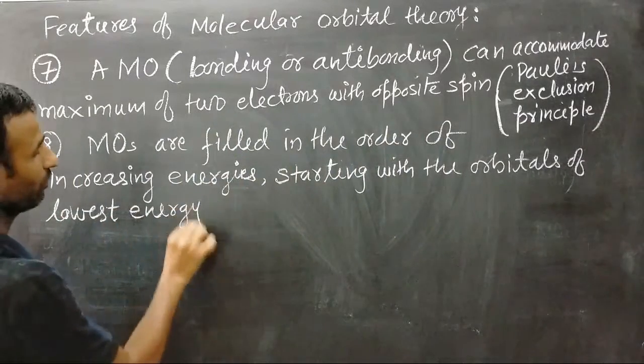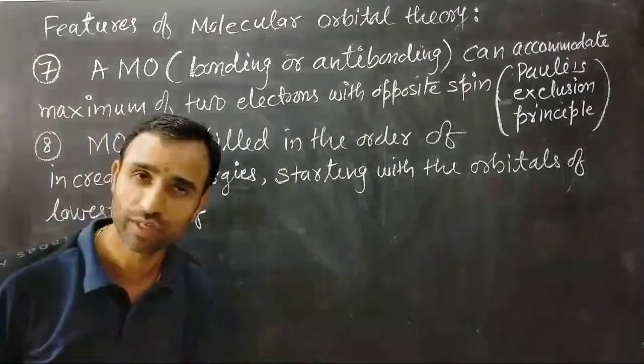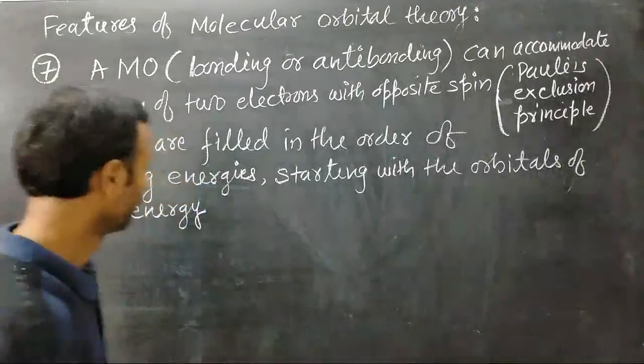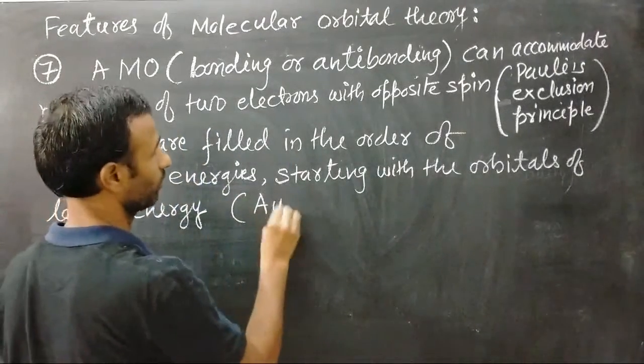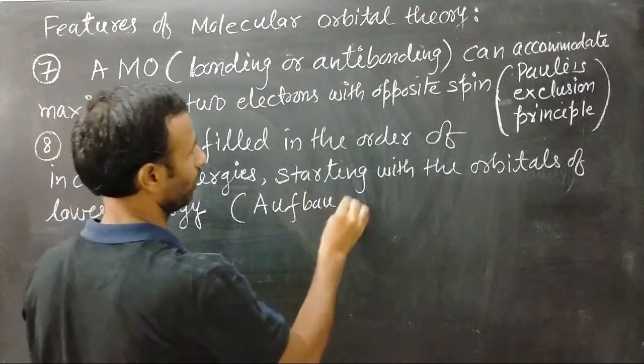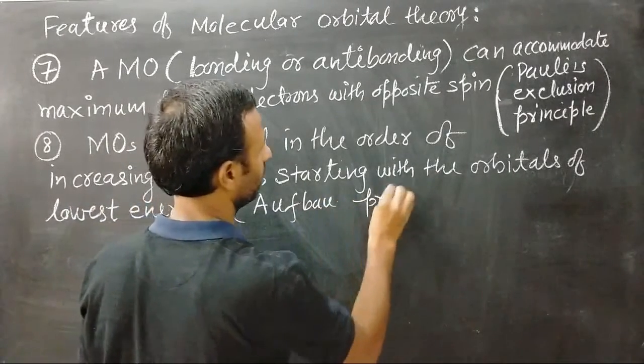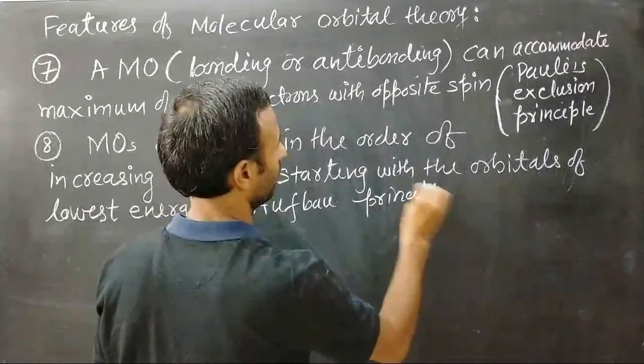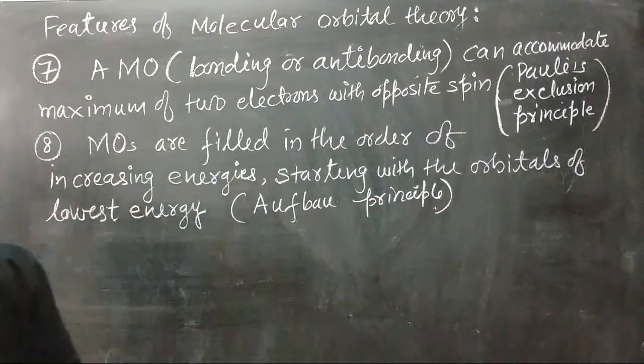Means the orbital with lowest energy is filled first and then the next one. That is Aufbau principle. Right?